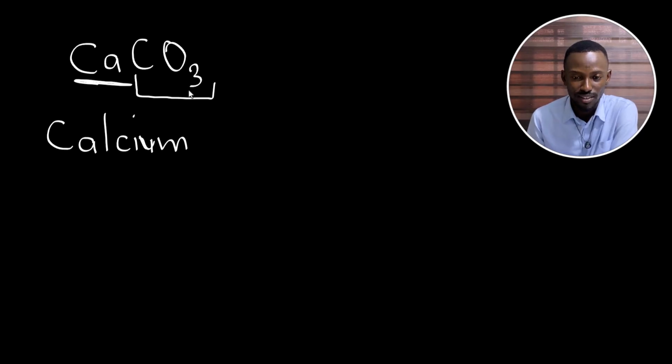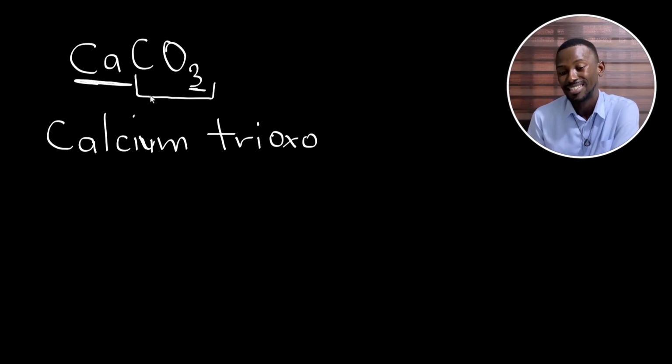It's simple. You see, there is a 3 here, right? This 3 is called tri. And the 3 is a subscript of oxygen, so trioxo. This trioxo means there are 3 oxygens here.